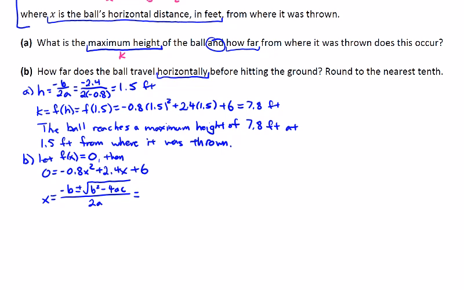So substituting in, we're going to have negative 2.4 plus or minus the square root of 2.4 squared minus 4 times negative 0.8 times 6, all divided by 2 times negative 0.8. The first place that you'll want to simplify is the portion underneath the radical.